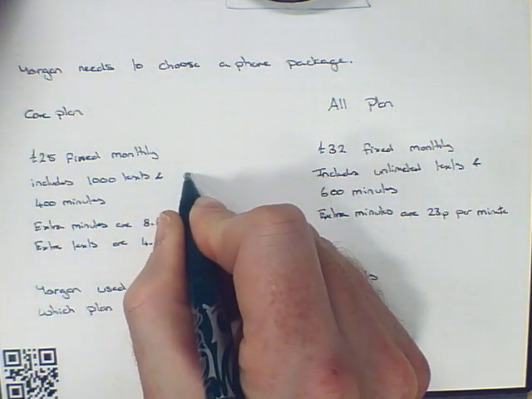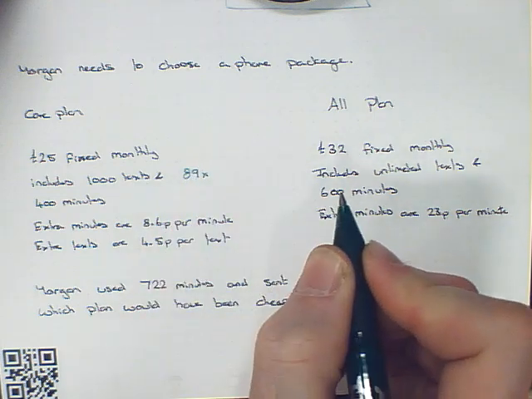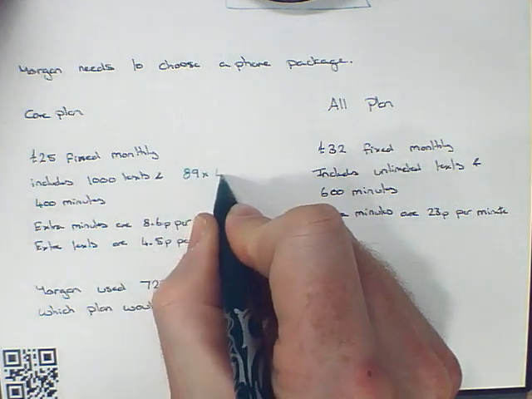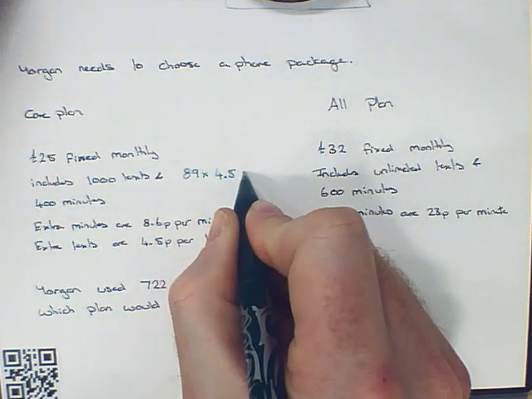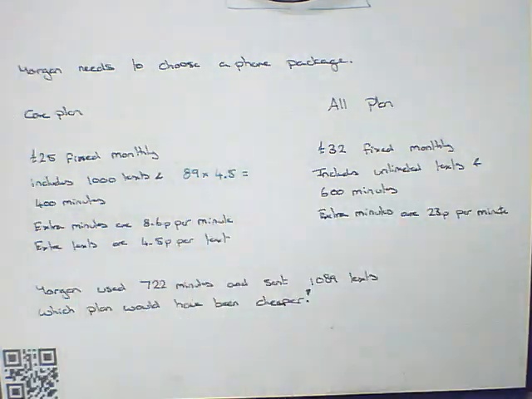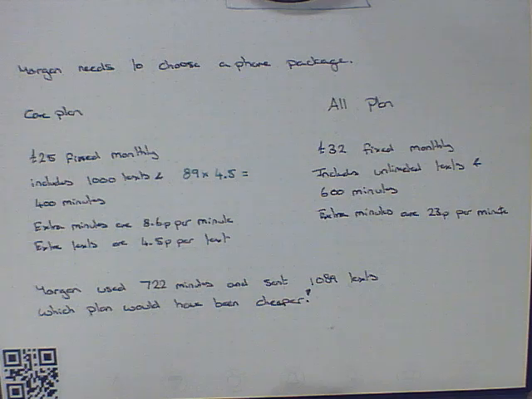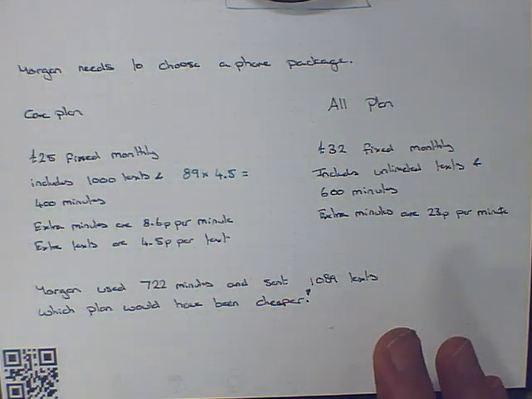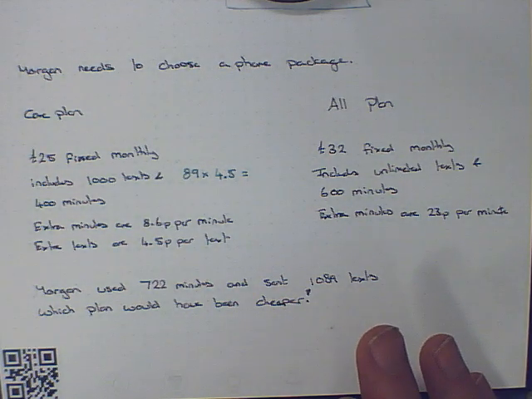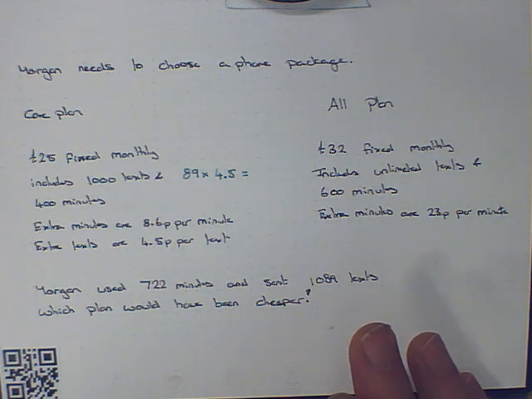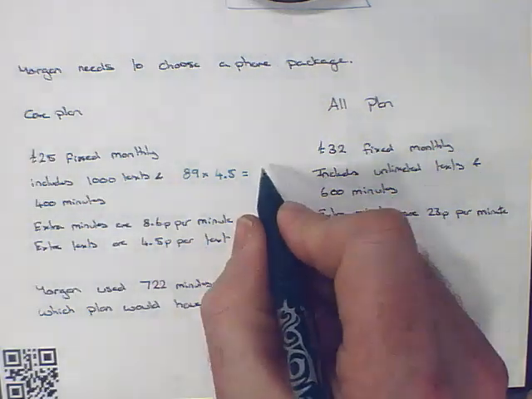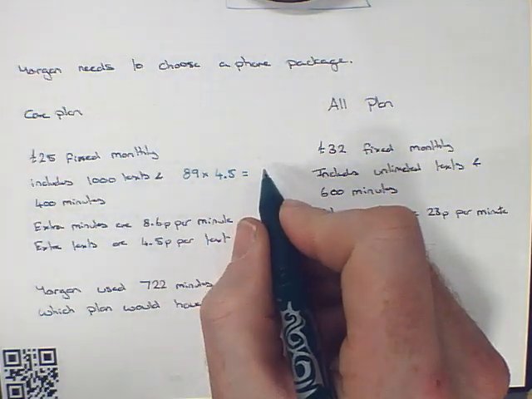So we need to do 89 multiplied by 4.5. If we set that out nicely, you can do it without a calculator again. What you'll get when you do that is an extra 400.5p.